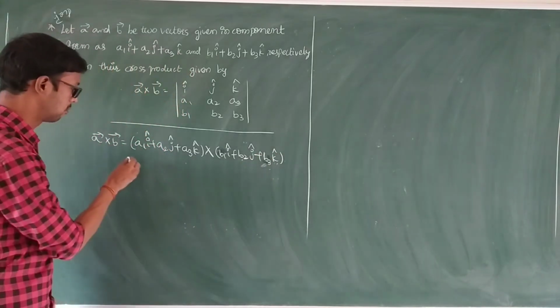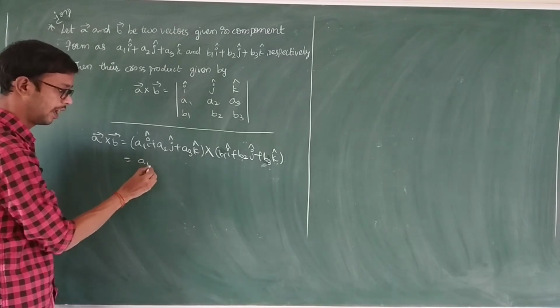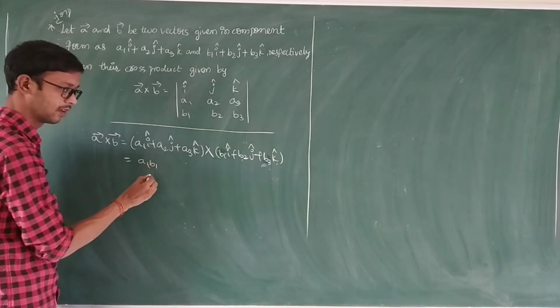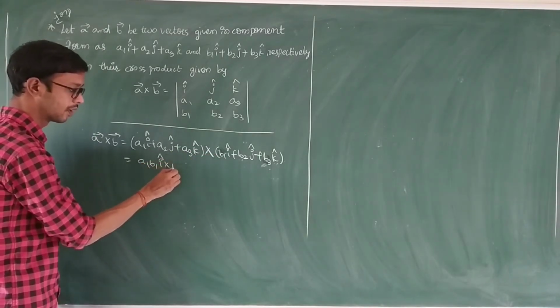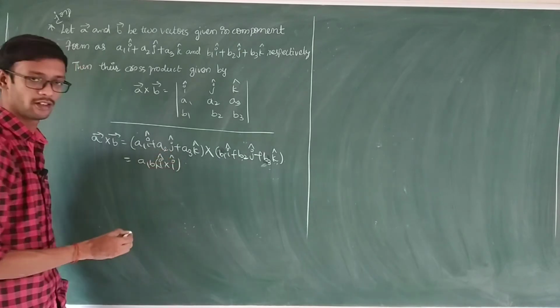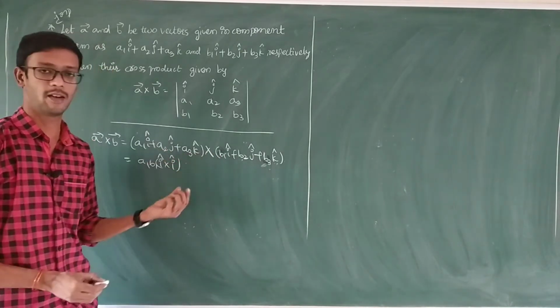So now we do the cross product term by term. A1 B1 i cross i. These are just scalar multiplications, only the vectors are crossed.